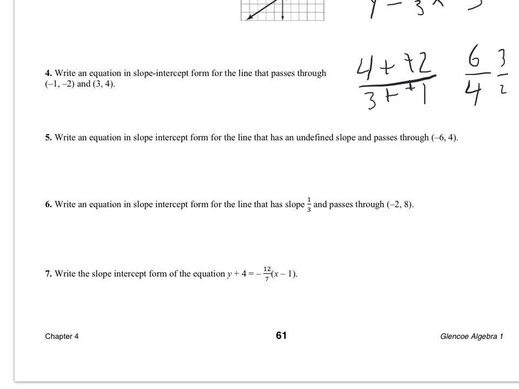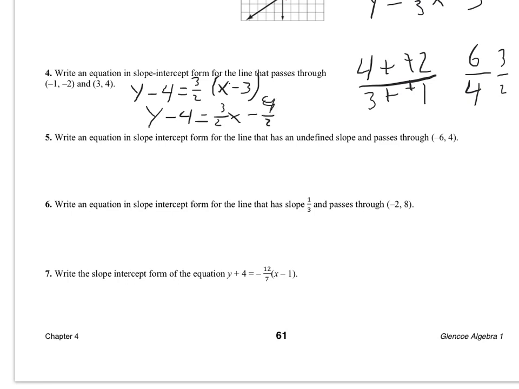Alright, so my slope is 3 over 2, and let's just use point-slope form this time. y minus 4, and I'll use the second coordinate, equals 3 halves, and then it's x minus 3. Distribute the 3 halves, we should get y minus 4 equals 3 halves x minus 9 halves.